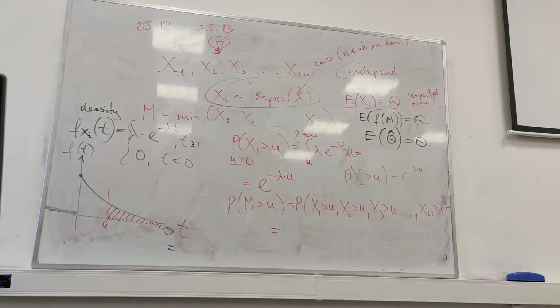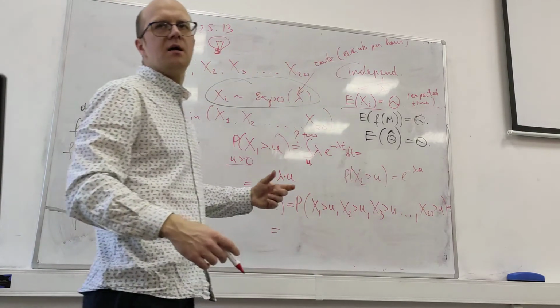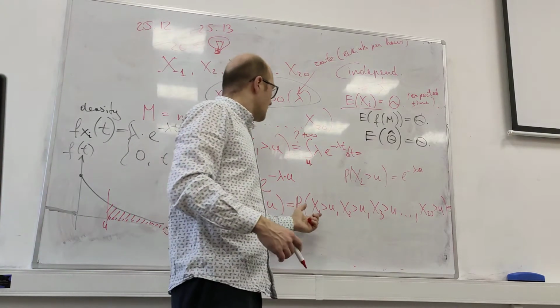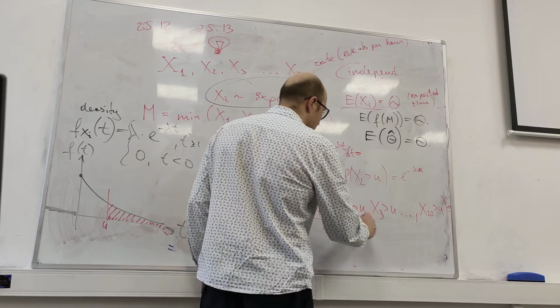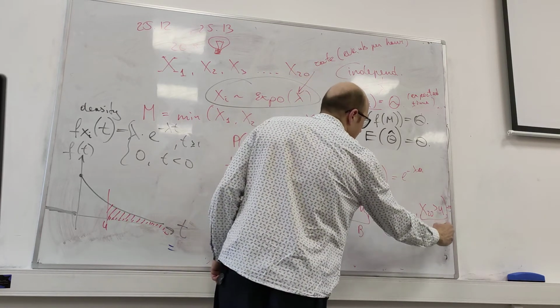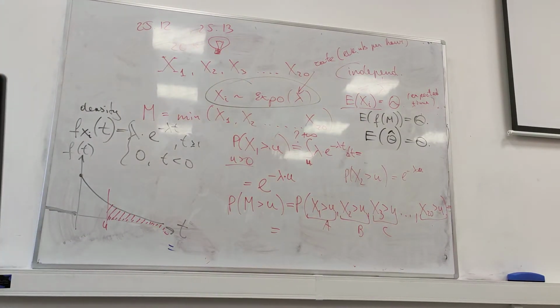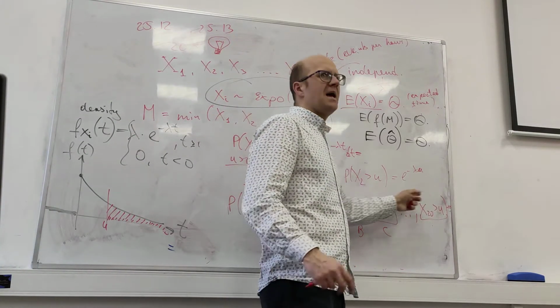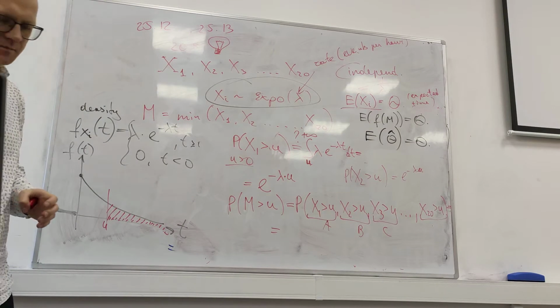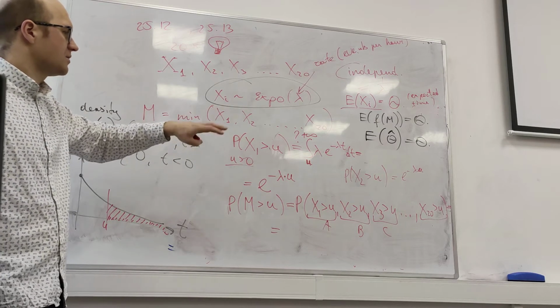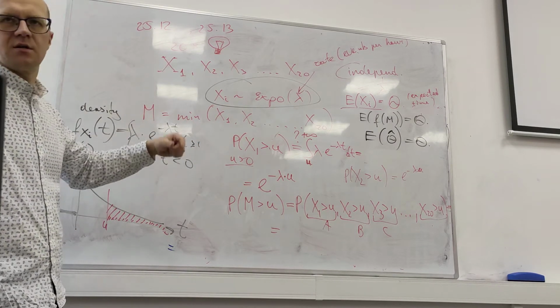So the probability that every x is greater than u can be obtained by multiplication, because this is event A, this is event B, this is event C. These events are independent, so I may replace the probability of simultaneous occurrence by the product of probabilities.